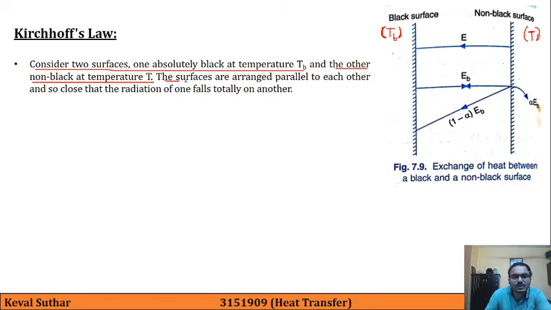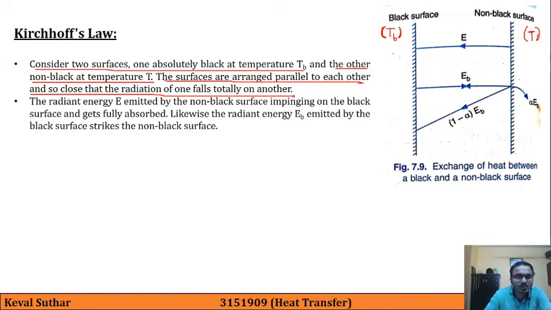Now the surfaces are arranged parallel to each other and so close that the radiation of one falls totally on the other. The radiant energy E emitted by the non-black surface, impinging on the black surface, gets fully absorbed.